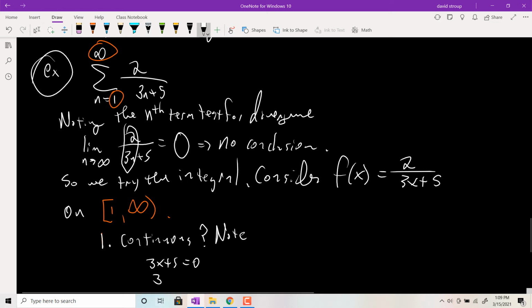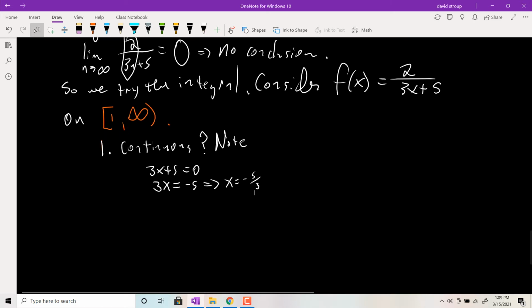It only equals 0 when 3x is negative 5, in other words, when x is negative 5/3. So that is the only discontinuity. Hence, it is continuous on our interval.